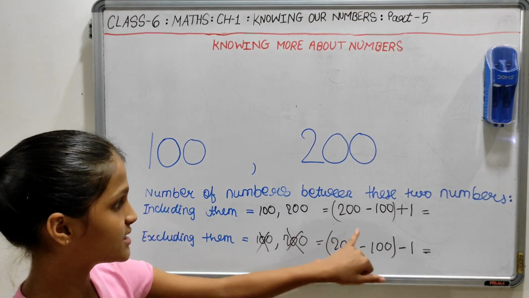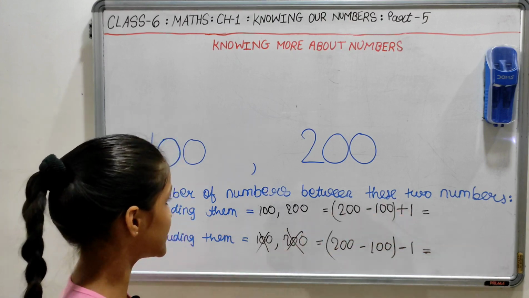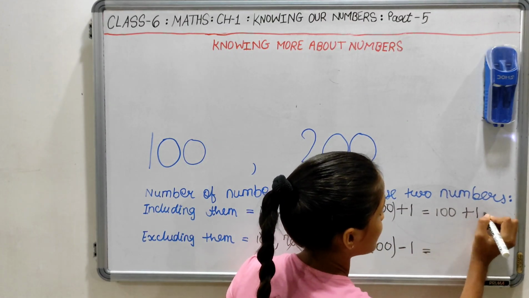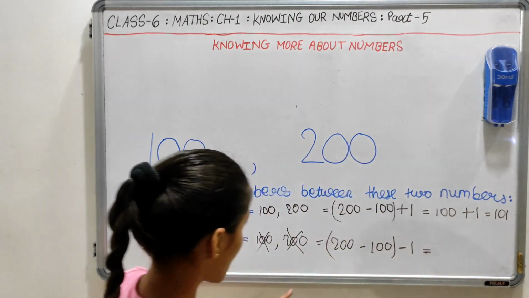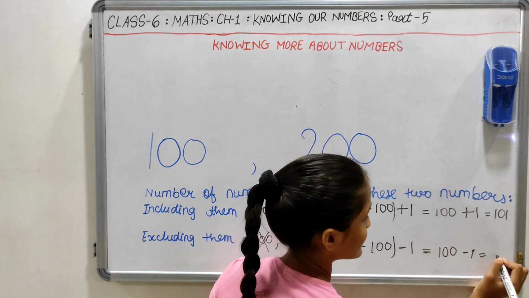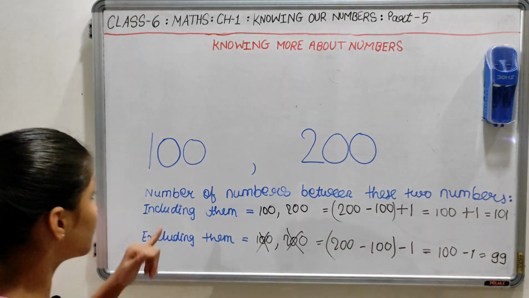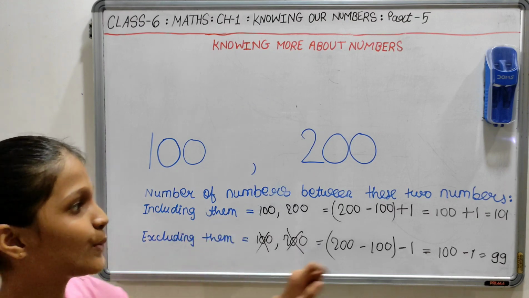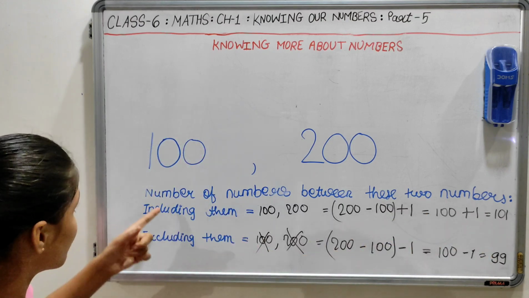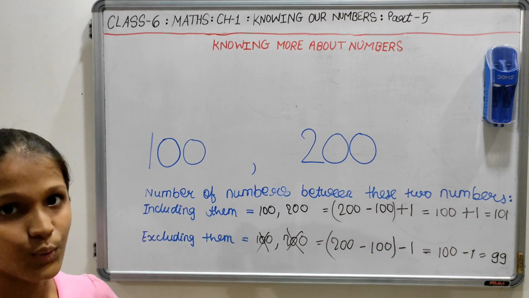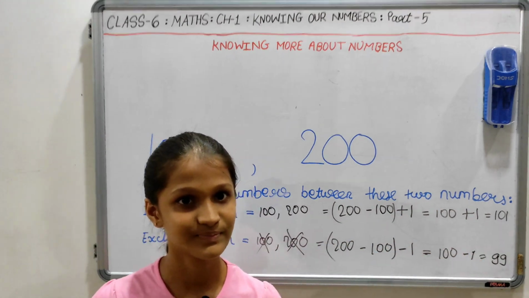Here we get 200 minus 100 plus 1. 200 minus 100 equals 100, plus 1 we get 101. Now here 100 minus 1 is 99. So the number of numbers between these two numbers, including them, equals 101, and excluding them equals 99.